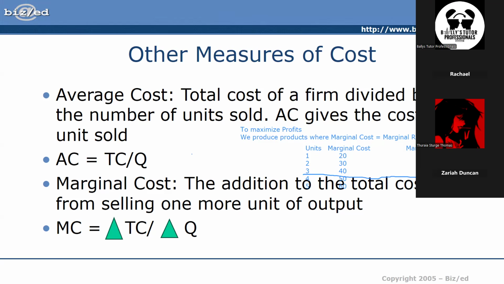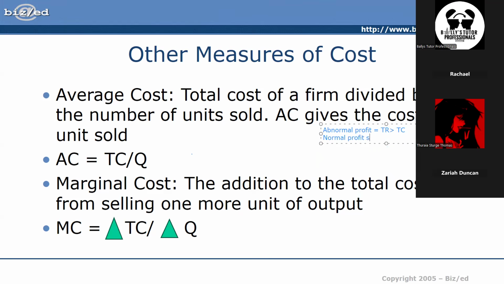Now, with all these things in mind, I'm going to list out all the things that we have in mind before we look at the graph. Abnormal profits is when your total revenue is greater than total cost.